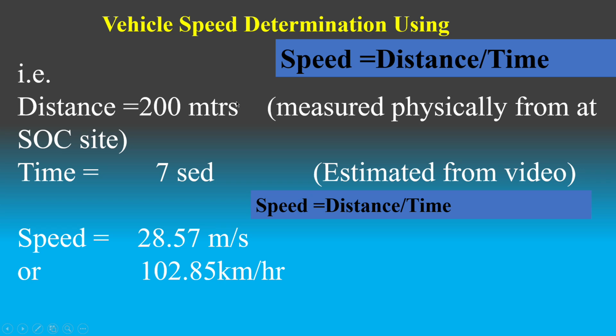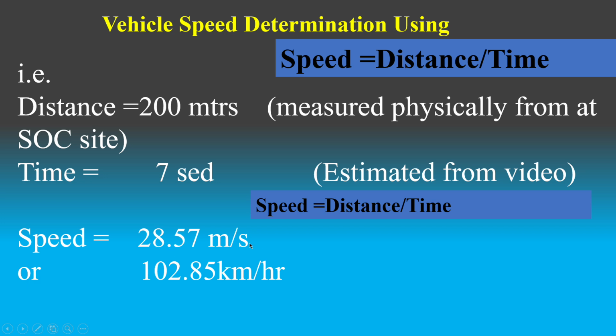For example, if the distance measured is 200 meters while visiting the spot and the time is 7 seconds, the method for measurement of which I have just described, then when I apply this formula, the speed comes to 28.57 meters per second.